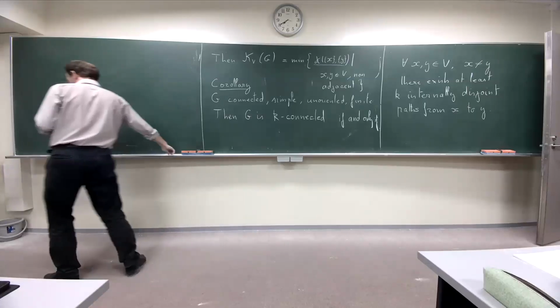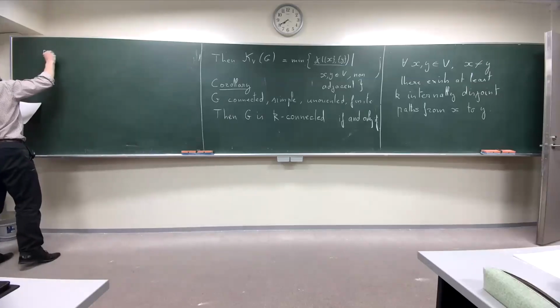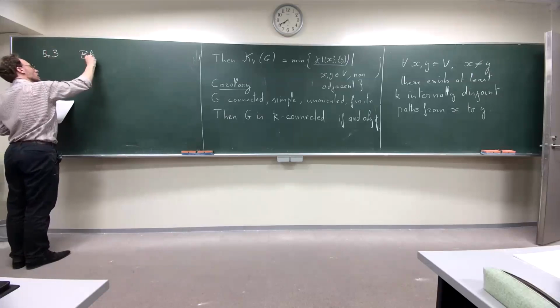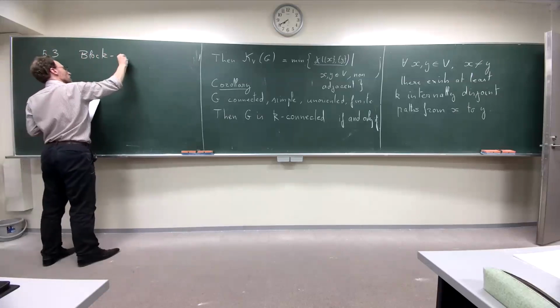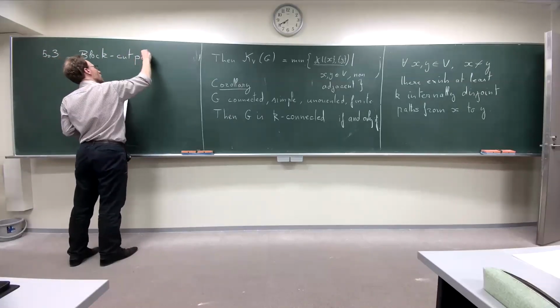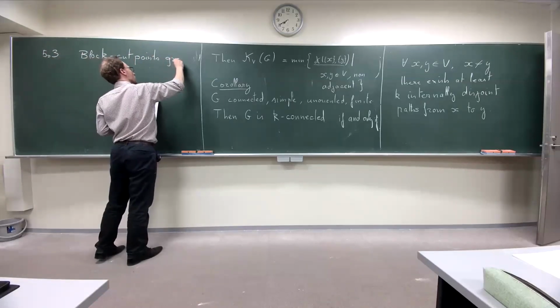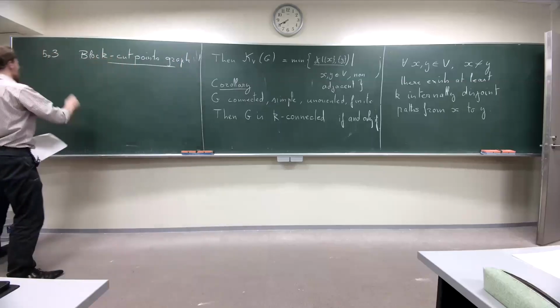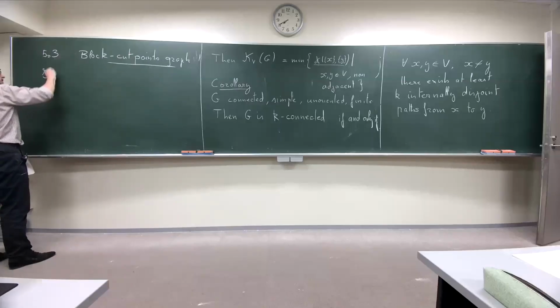So this is called 5.3 block cut point. I need to explain what it is, but it's very much related again to the main skeleton of the graph.